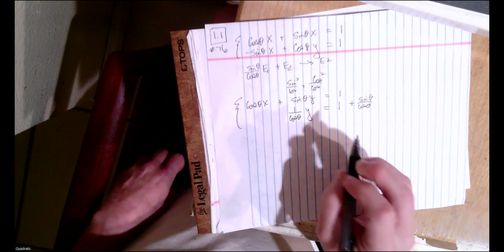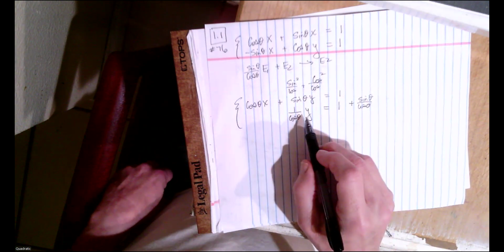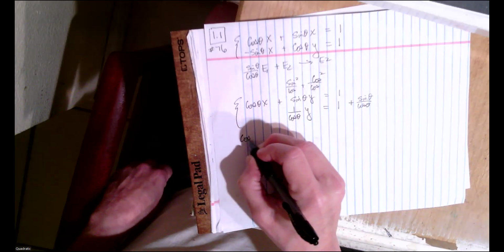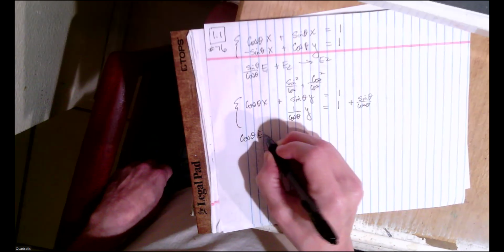So right away we're going to solve. Now we're not done. I want to multiply equation two by cosine theta.